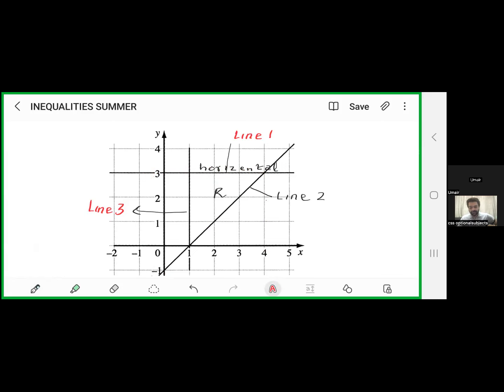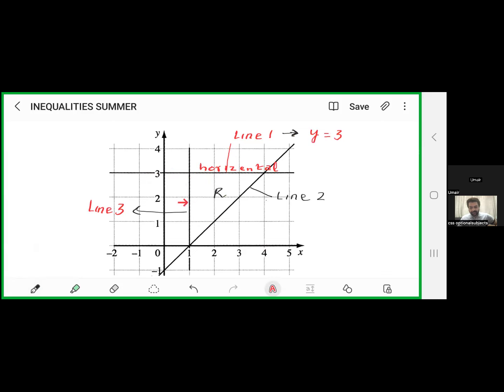So simply, you can write its equation. First of all, just write down the equations and then we can write down the inequalities. So for line 1, which is a horizontal line passing through y equal to 3, the equation is y equal to 3.